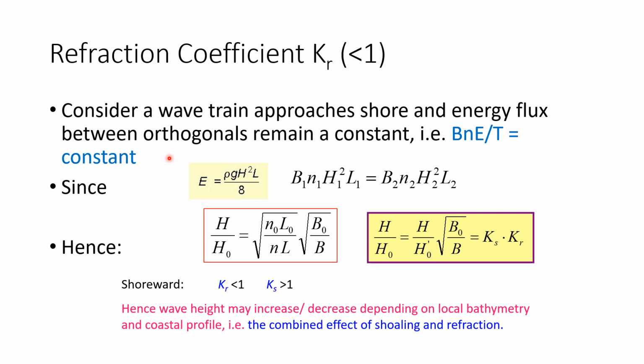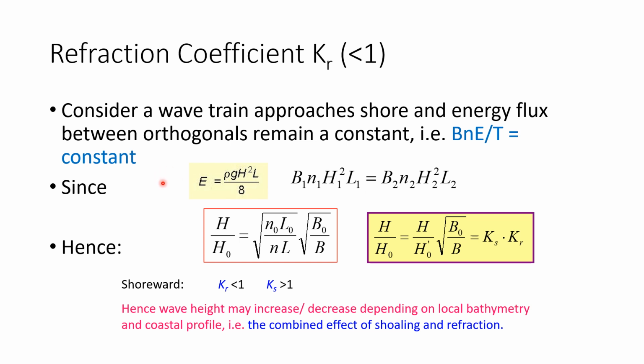When it moves shoreward, as previously, we are going to substitute E, the wave energy, in terms of this expression. And since BnE over T equals constant, the value at one location is always the same as the value at another location.